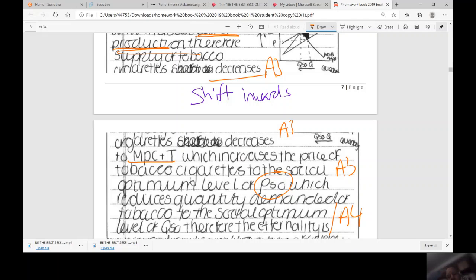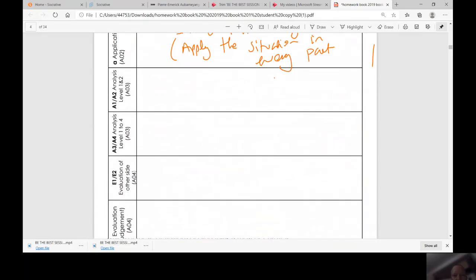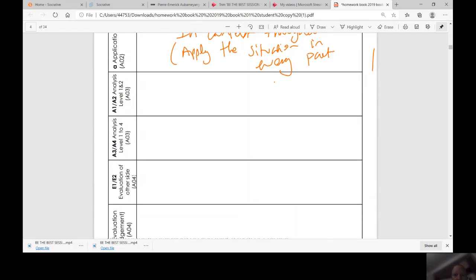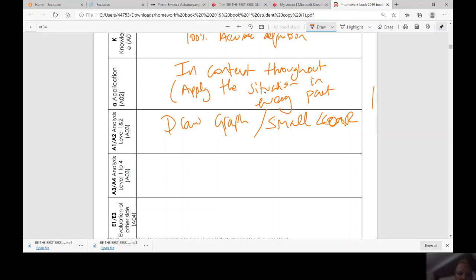Level 4 analysis. So the first example answer there did describe what was going on, but very weakly, whereas the better answer, so if it's level 1 and 2 analysis, yes, they draw the graph. Yes, they give a small logical chain of reasoning. And they might mention the market.